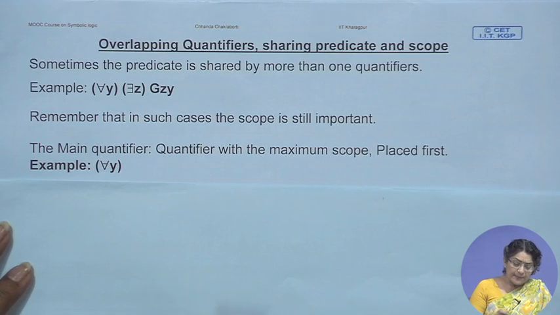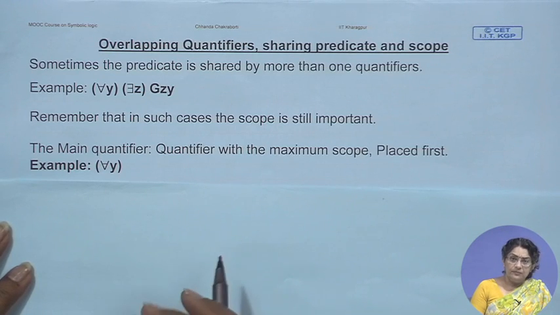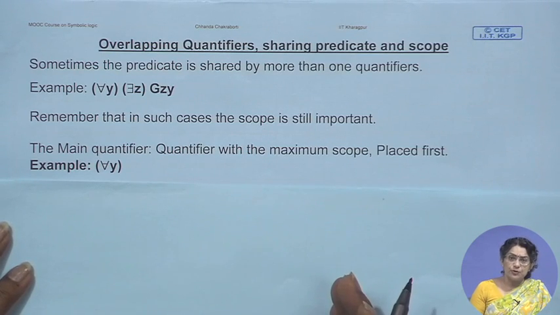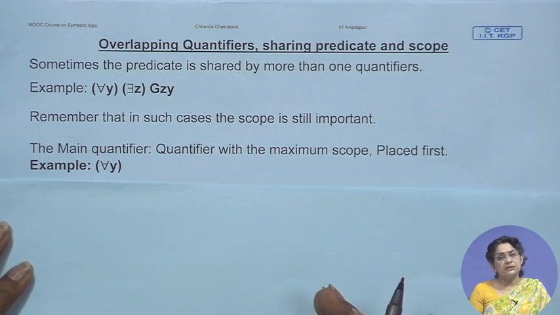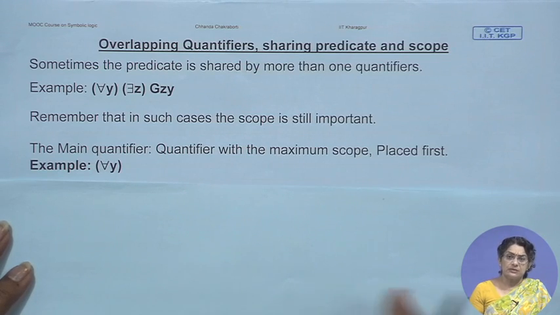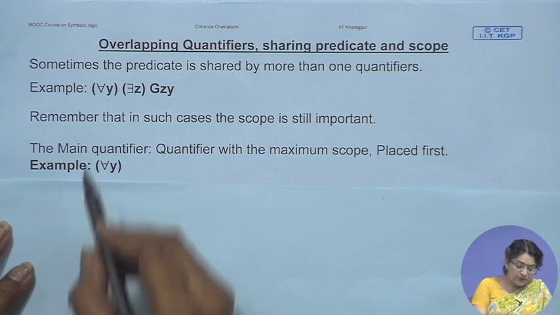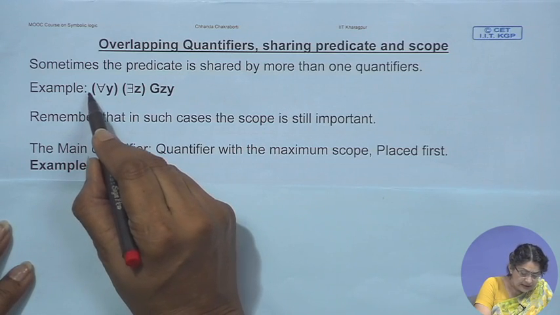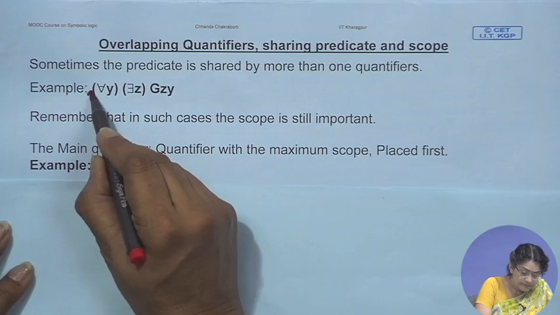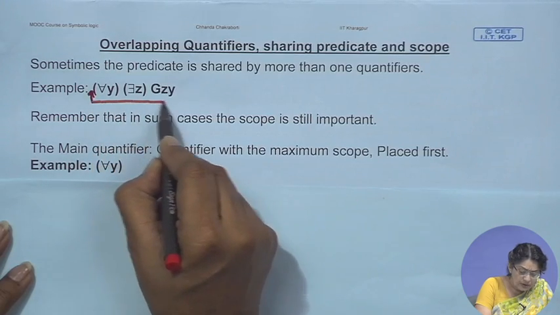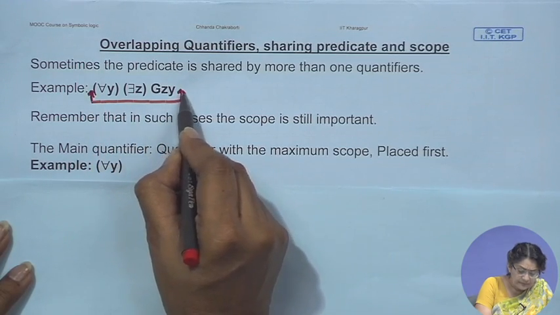Because it has the maximum scope. The quantifier with the maximum scope will be the main quantifier, just as we discussed in propositional logic, where the main connective is the one which has the maximum scope. In here, what is the scope of this for all y? It starts from here and it goes all the way up to here.